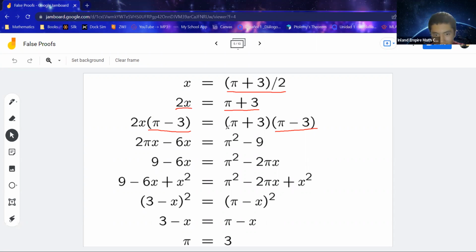Which factorization did we use here? It's actually one we used at the very beginning of class. Is it a squared minus b squared? Good.